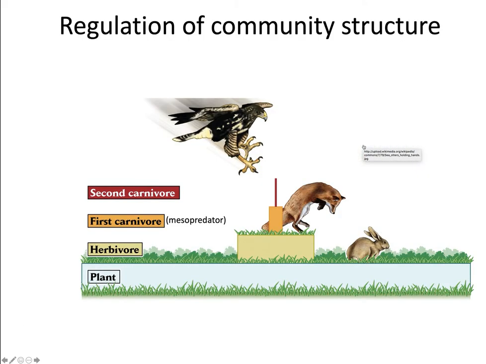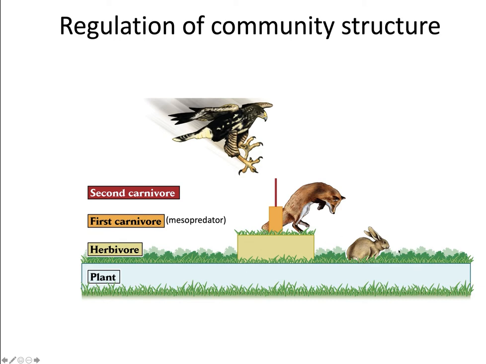When we're talking about keystone species, that's really part of this larger issue of the regulation of community structure. If we think about a community as a simplified food chain like we see here, you have plants down at the bottom of the food chain. Then there are herbivores like this bunny rabbit that eat the plants and grasses that grow.